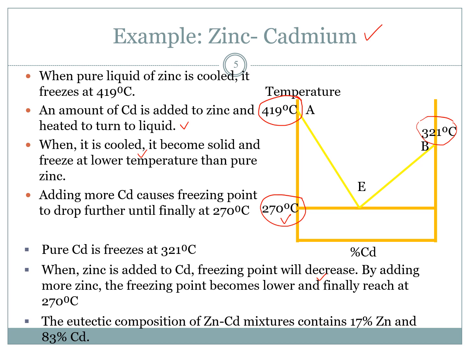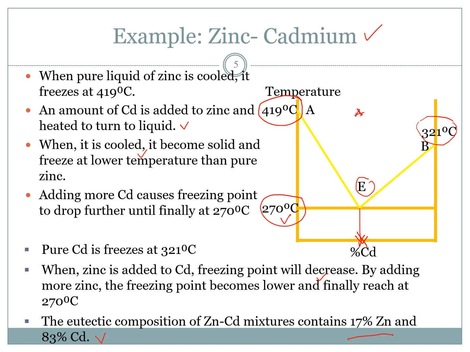So E point is the eutectic point, which has the eutectic temperature which is 270 degrees Celsius. So at this eutectic point, the eutectic mixture has the composition of 70% of zinc and 83% of cadmium.